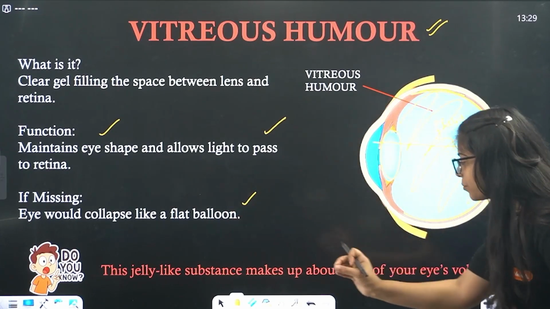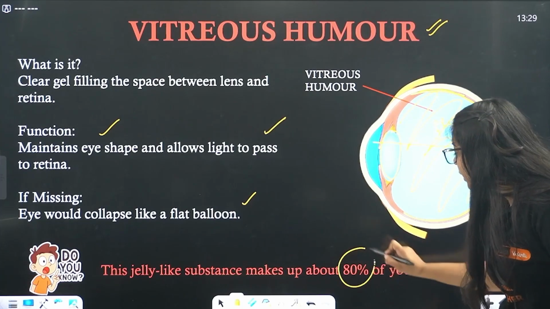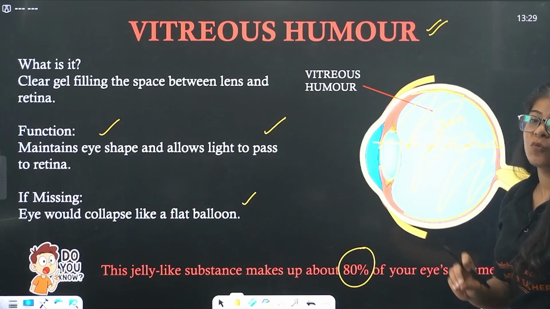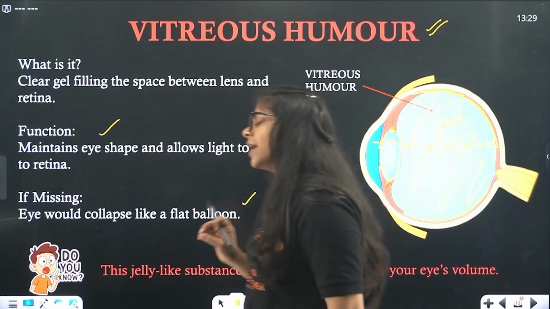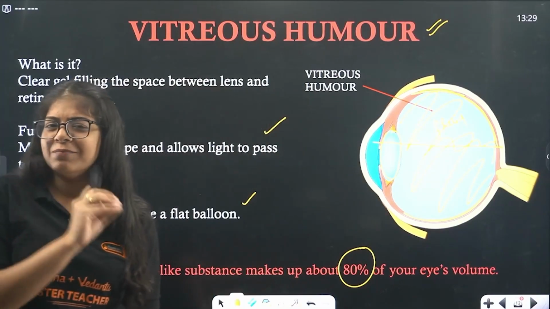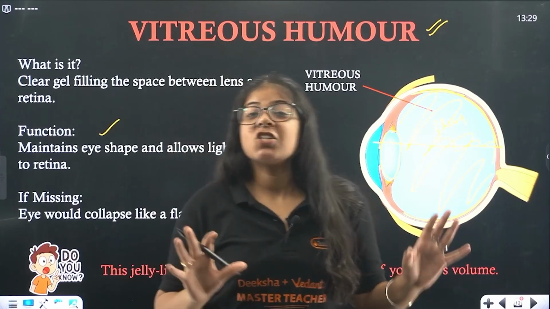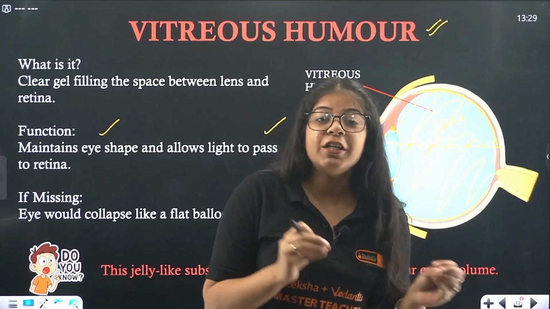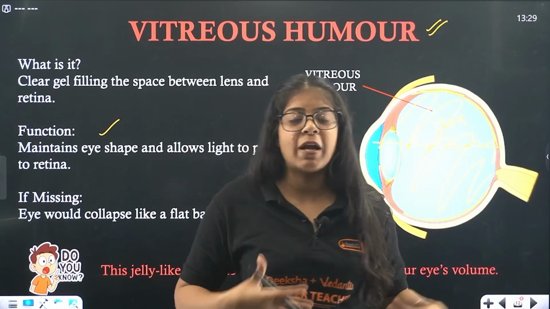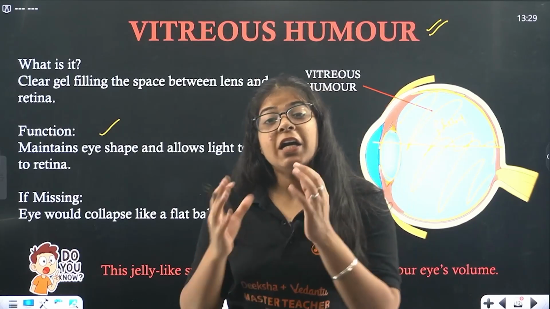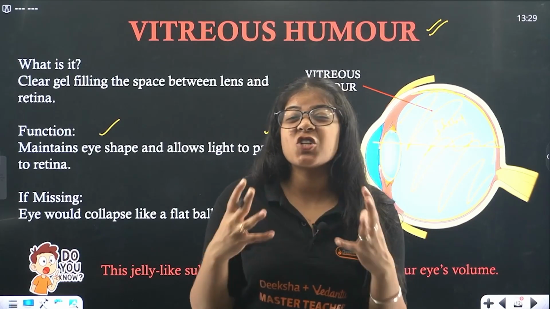This jelly-like substance makes up about 80% of your eye's volume. Just like an atom is nearly empty, there are electrons, protons, but all the space is nearly empty. Just like that, our eye is 80% filled with vitreous humor. I won't call it empty, but 80% of the eye's shape is just liquid.